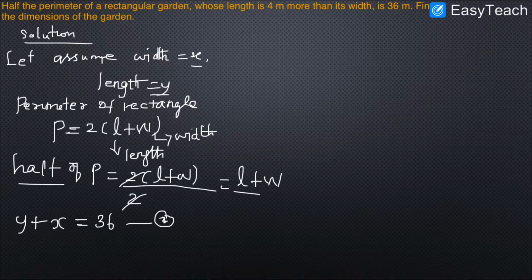To write the first equation, the first scenario is that the length is 4 meter more than its width, which means if you subtract width from length, the difference is 4. For length we took y and for width we took x, so y minus x equals 4.